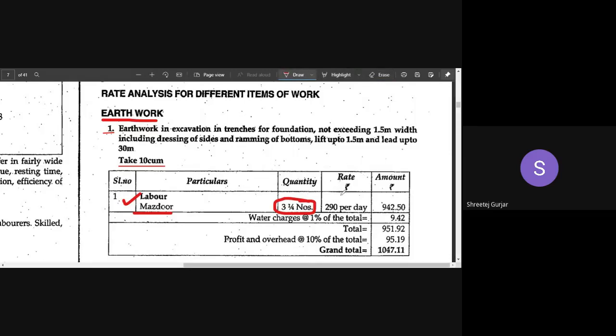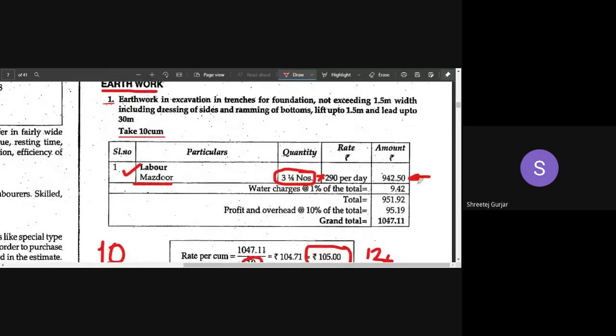And the rate is the daily wage, 290 rupees per day. He is working for 3 and 1/4 days, multiply that by the per day wage, and you get the total amount that you have to pay him. That is coming to 942. Then no other labor is required. Only Mazdoor is required. No head mason, no bisti, nothing. Hence only one we have calculated.